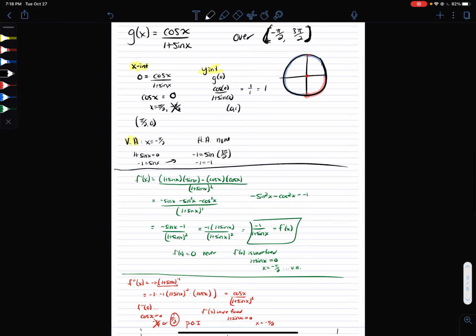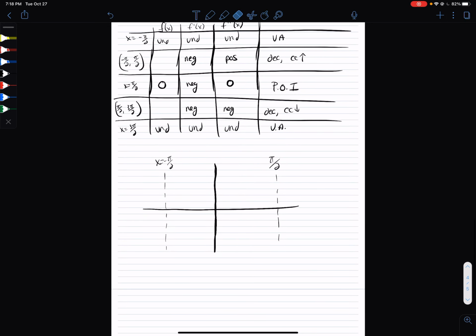We calculated the y-intercept to be 0, 1. And we calculated our x-intercept. Sorry, this value is 3 pi over 2, so this would be over here. So 0, 1 is our y-intercept. And then we calculated our x-intercept to be pi over 2. So I can label that at pi over 2, 0.